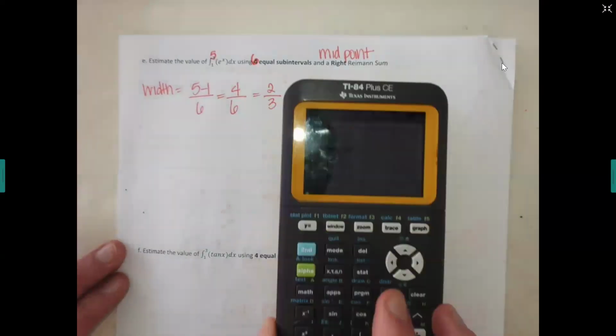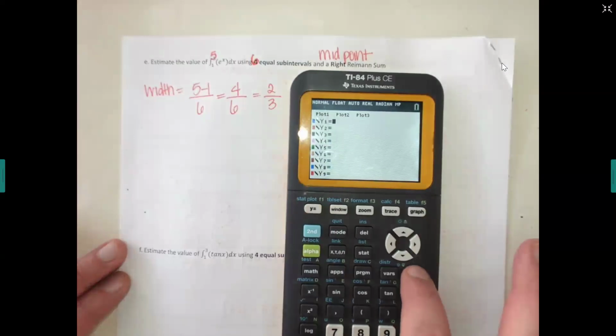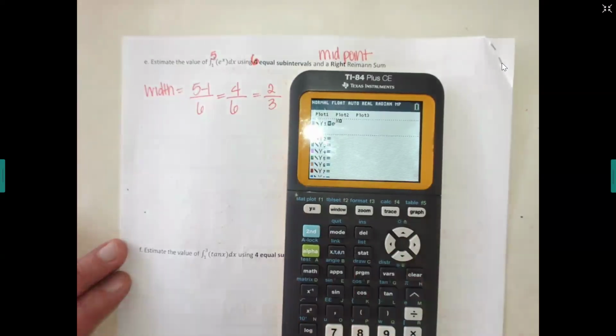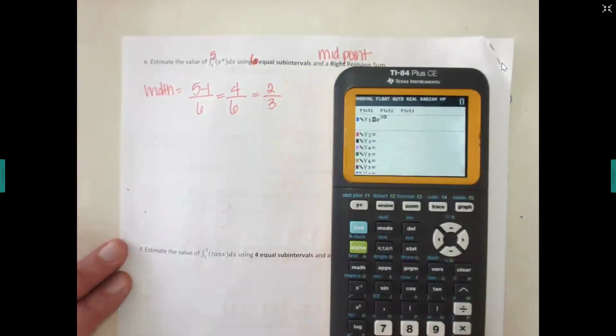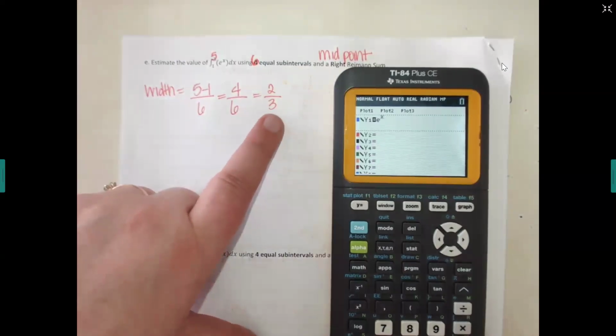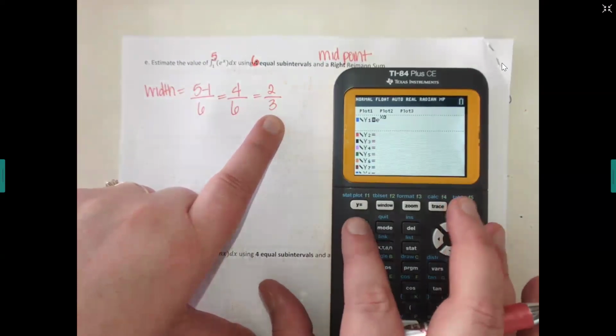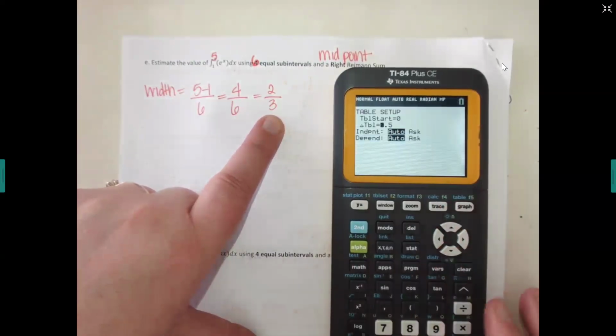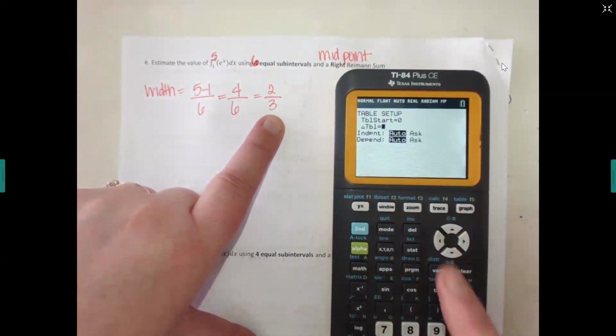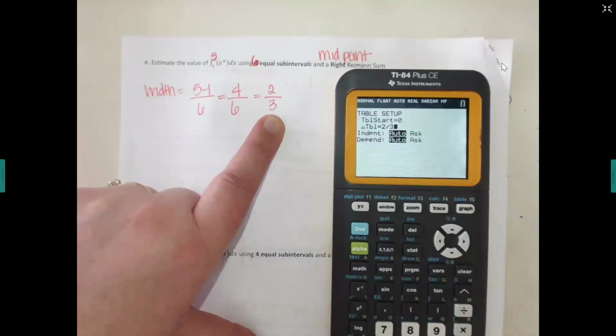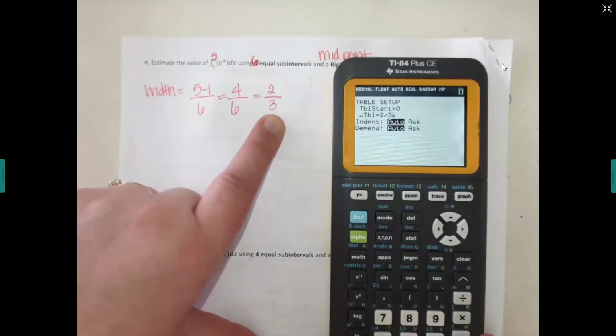So go into your y equals. We're going to make e to the x our main function. And then I'm going to change my delta to be 2/3. Okay, so I'm going to hit second table set. And I'm going to make this 2 over 3. Oh, I think it's a pretty fraction. Okay, well, we'll just have to estimate. So put 2/3 there.